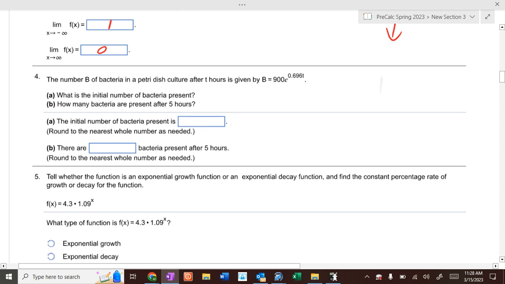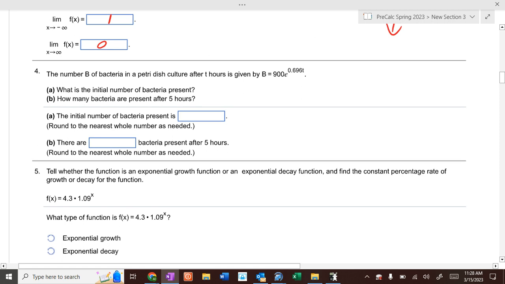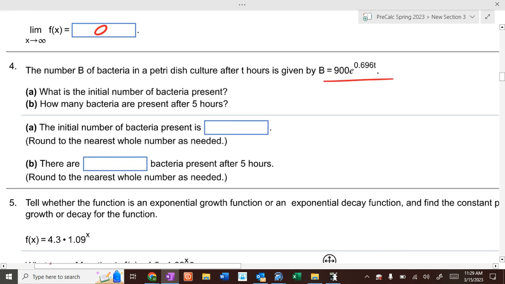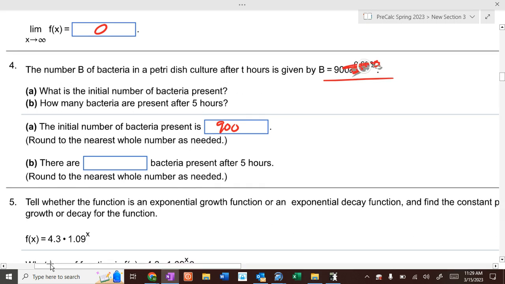Okay. All right, the number of bacteria in a petri dish after T hours is this. Okay. What's the initial value? You can see it right in front of you. What's the initial value? 900. The initial value is 900. Because anything to the 0 power makes all this stuff 1. And 1 times 900 is 900. Okay?